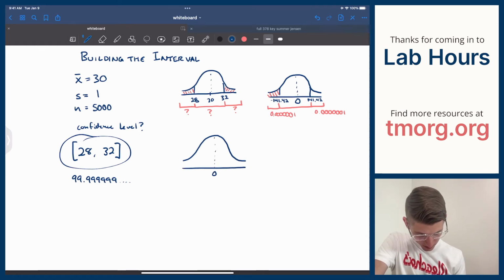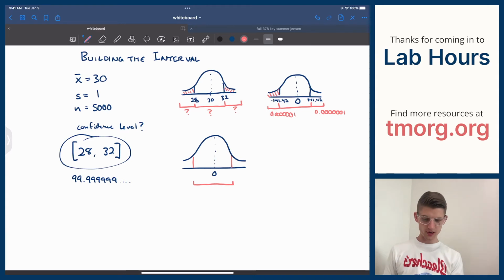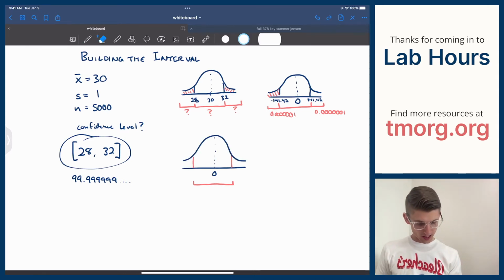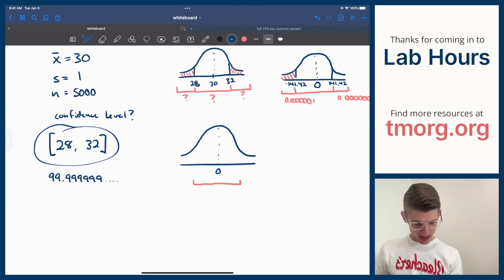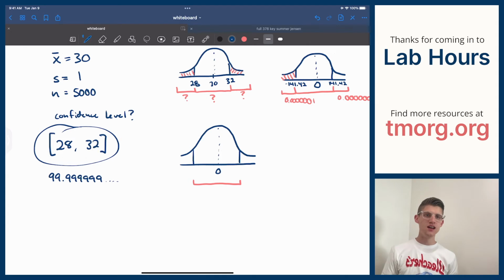I would like to be built a confidence interval such that the probability the true parameter that you're looking for falls within that interval is just 95%. I'm okay with having a 5% chance of the true mean, the true average number of bananas that a United States citizen eats in a year, I'm okay with a 5% chance of that falling outside of the interval that you give me.